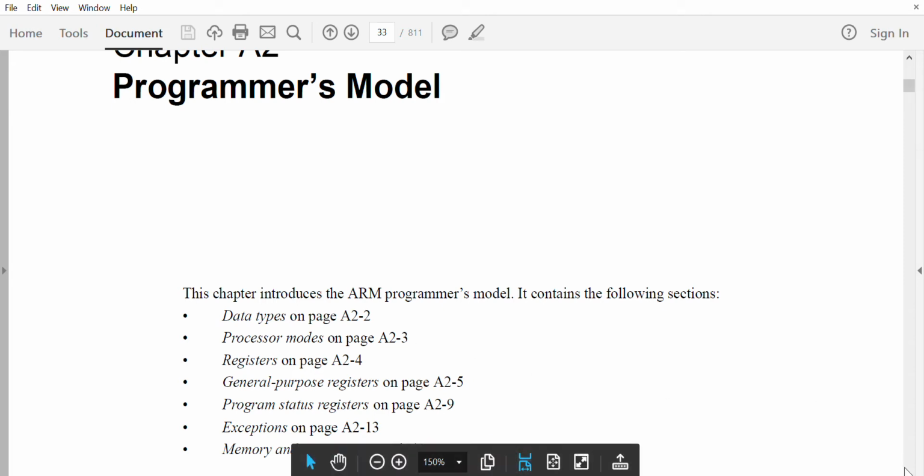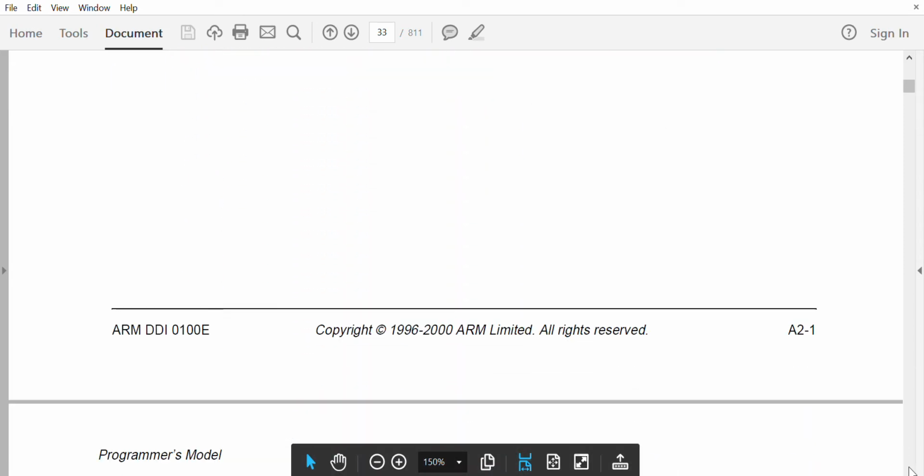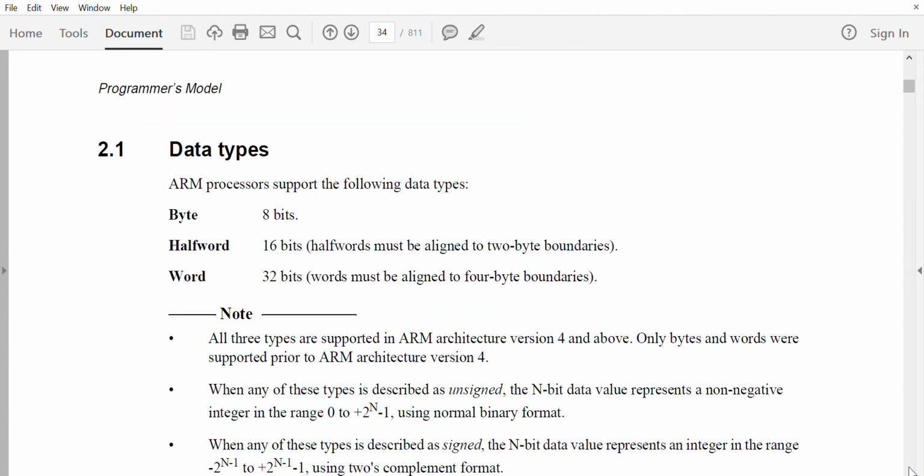So, data types. Like in 8051, we had talked about unsigned character, signed character, signed integer, single bit, likewise. Like that, in the ARM processor also you have some data types. You have the byte, half word, and word. For ARM, you have two types of instructions: ARM instructions and thumb instructions.